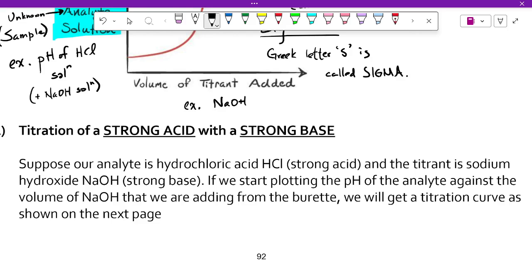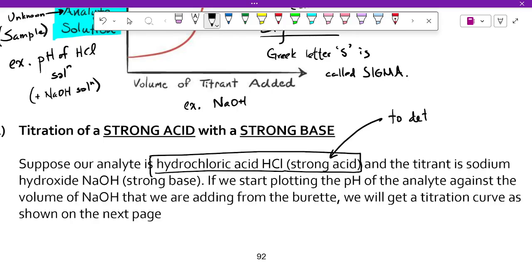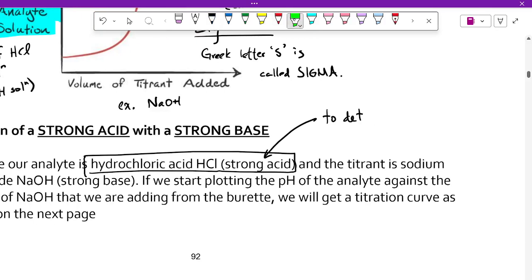So what we're going to do is start with a strong acid. And if it starts with a strong acid, how would we determine the initial pH? Stoichiometry, yes. Strong.